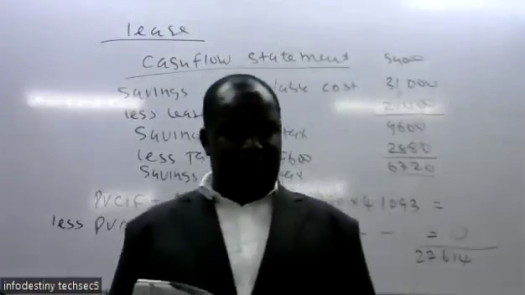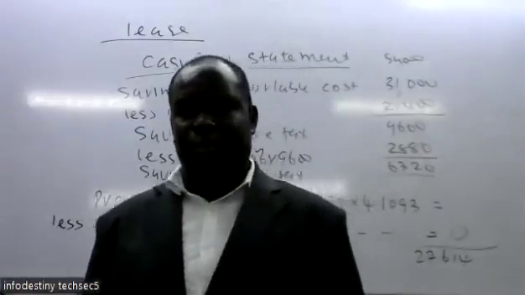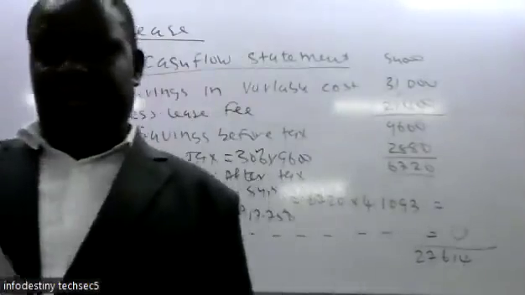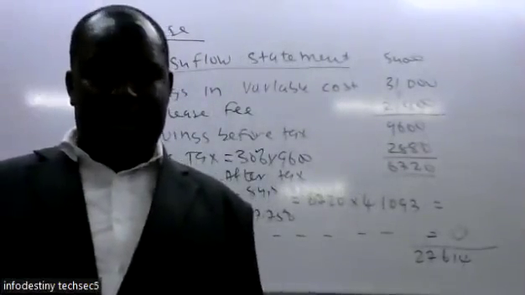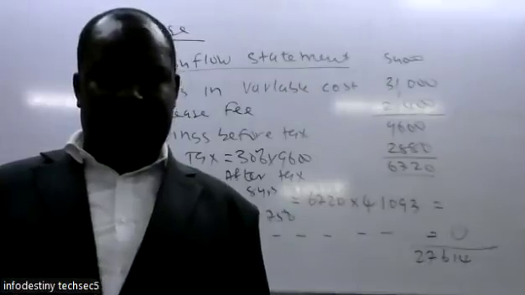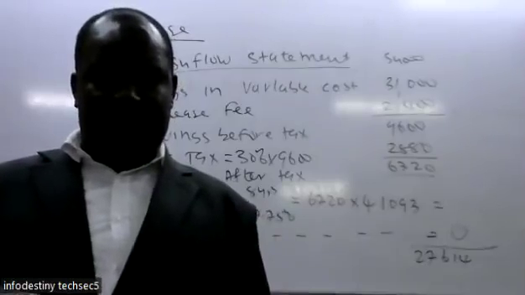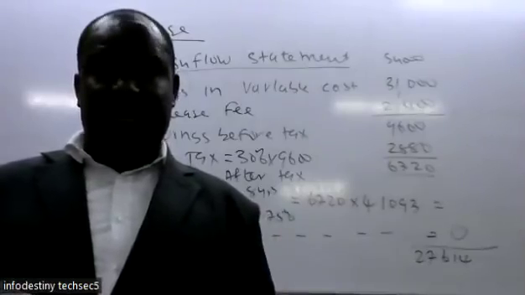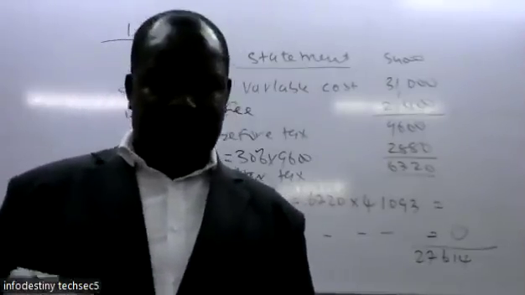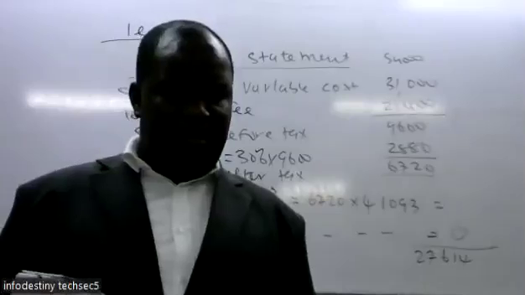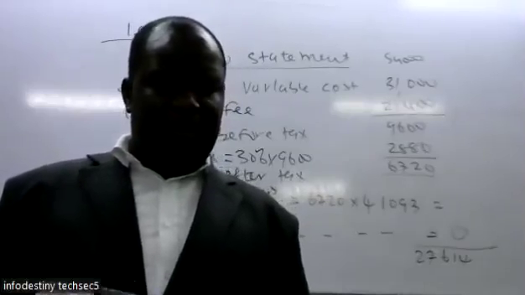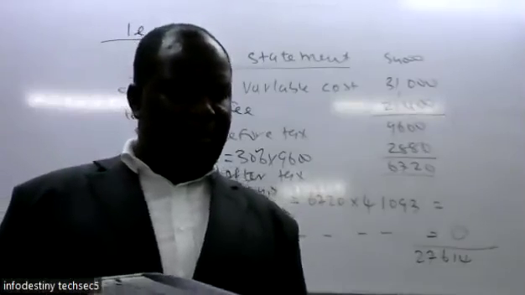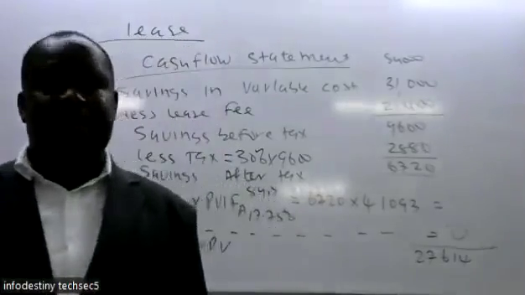They also gave you the purchase option. Under the purchase option, the firm can borrow 800,000 from a commercial bank at an interest rate of 16% per annum to finance the purchase of the asset. Interest on the loan is payable on the reducing balance basis.